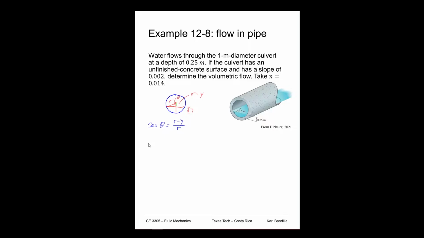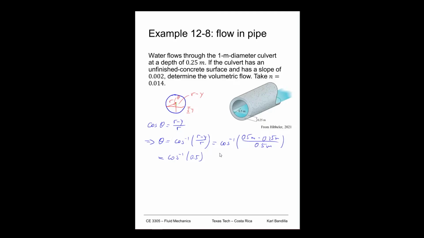We're trying to find the angle, so theta is cosine inverse of (r minus y) divided by r, which is cosine inverse of (0.5 meters minus 0.25 meters) divided by 0.5 meters, and that is equal to cosine inverse of 0.5.